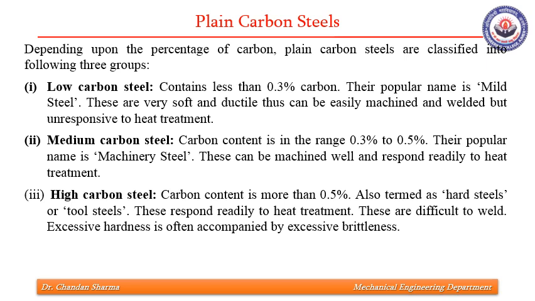Their advantage is they respond readily to heat treatment, they are difficult to weld, and excessive hardness is often accompanied by excessive brittleness. You might have seen that the tool usually breaks. So if it is hard, it will have excessive brittleness also.